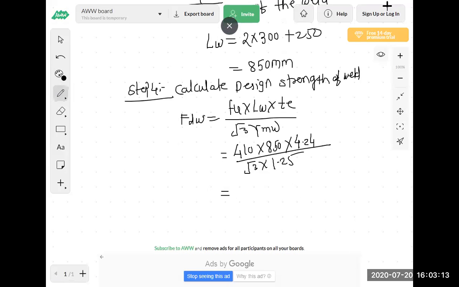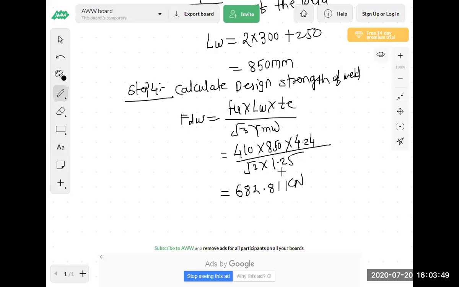How much? 682.814 kilonewton. Please everyone do the calculations. 682.81 kilonewton is the design strength of that weld.